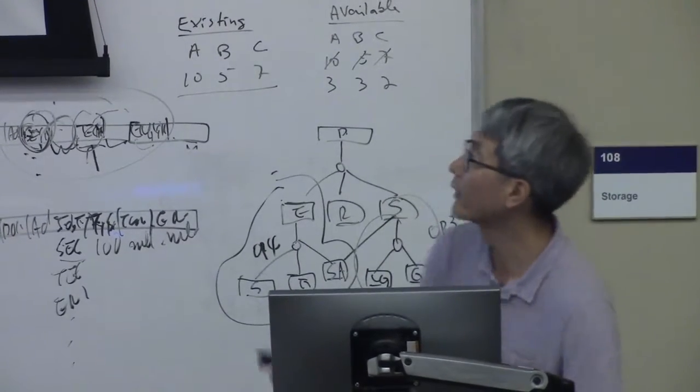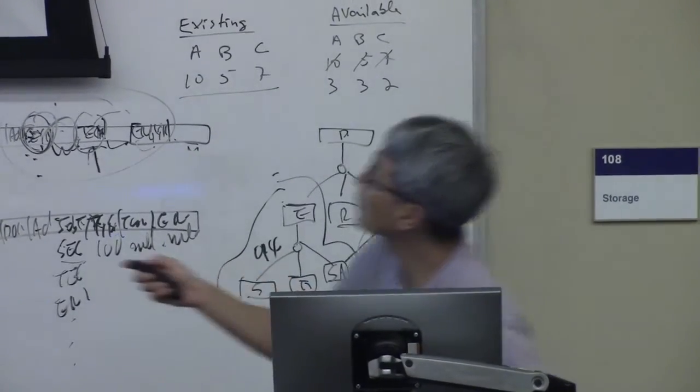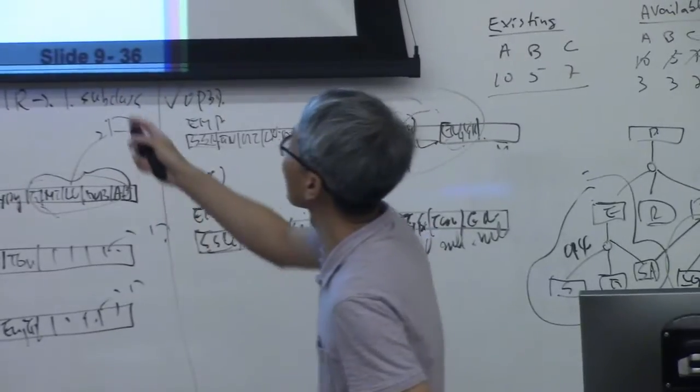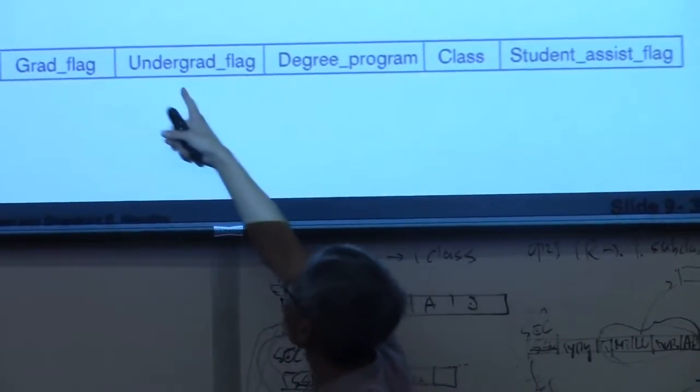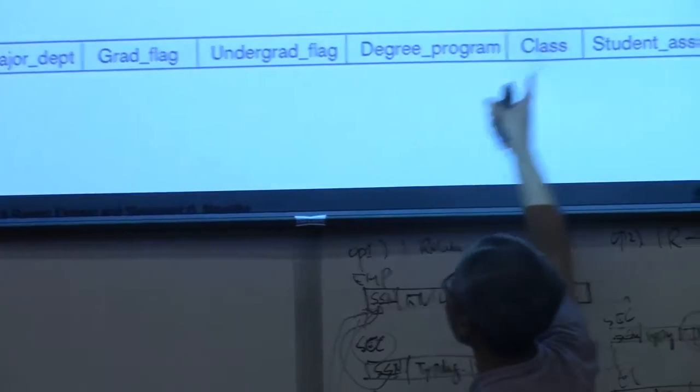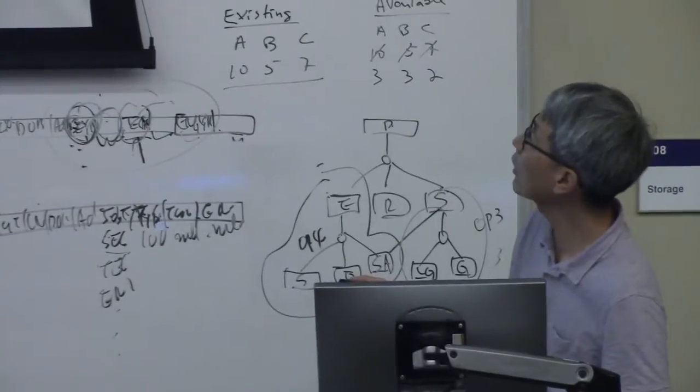Then we can add the attributes degree program and class. The degree program is related to the undergraduate, and class is related to the grad. Okay, and we have one more: the student assistant.